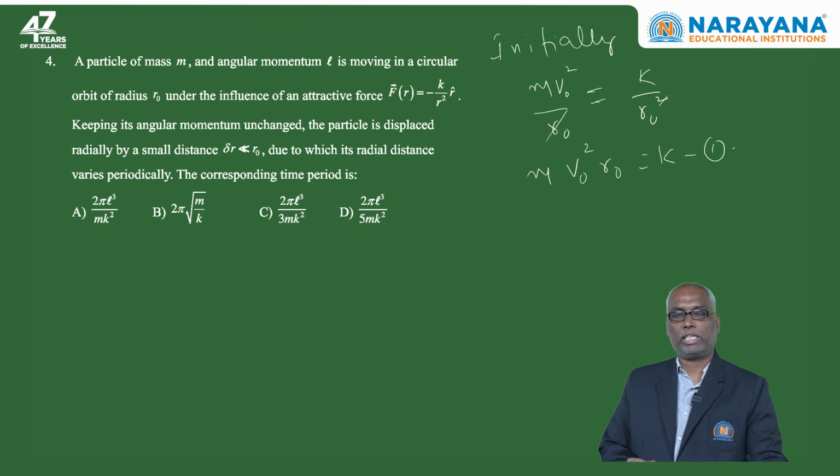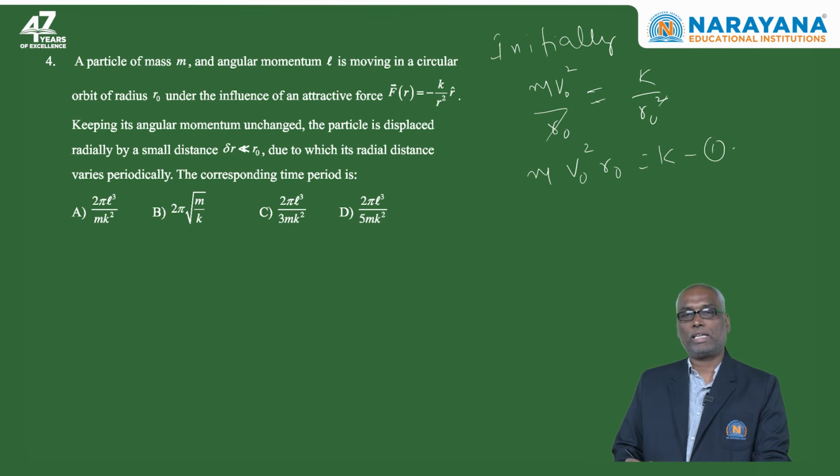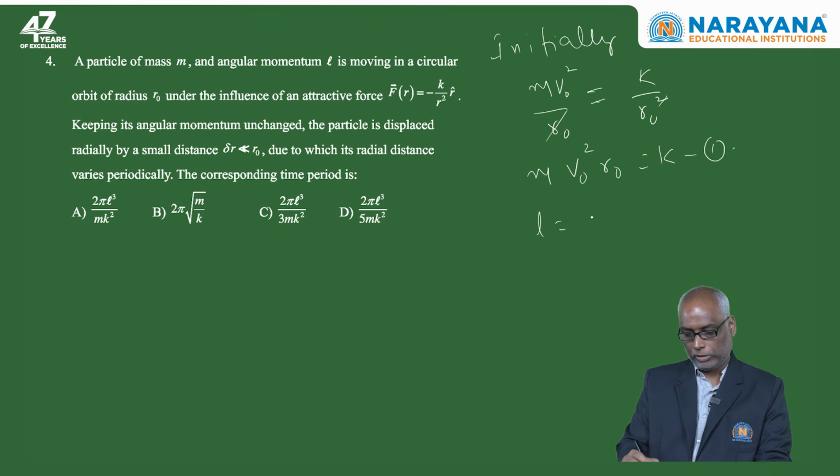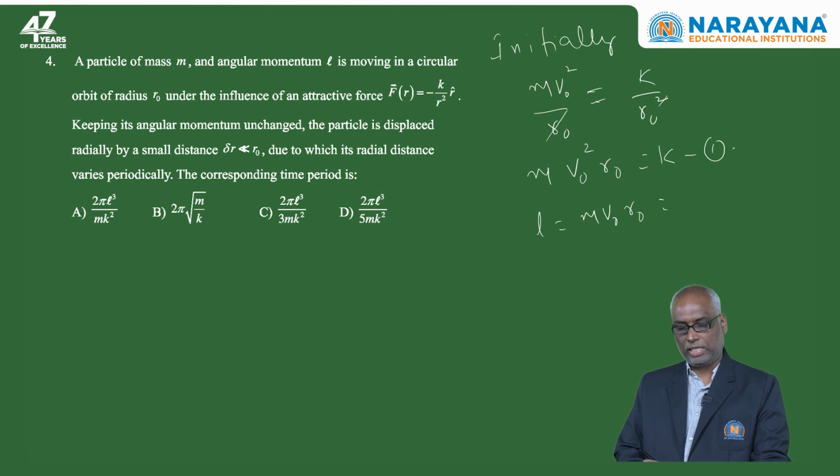Apart from that, it says that the angular momentum is conserved. So the angular momentum is given as L, which can also be written as L equals m v0 r naught. That becomes equal to, when we change the orbit, let us imagine that the radius has changed to r and the velocity has changed to v. Let us imagine that the displacement away from the center is x.